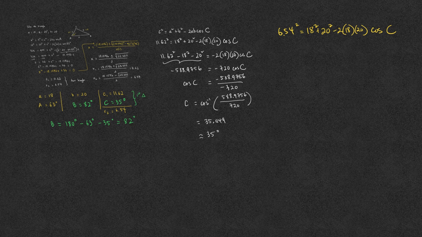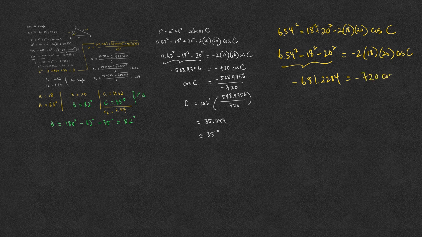We take 6.54 squared minus 18 squared minus 20 squared equals negative 2 times 18 times 20 times cosine of c. The left-hand side is negative 681.2284, and the right-hand side is still negative 720 times cosine of c.